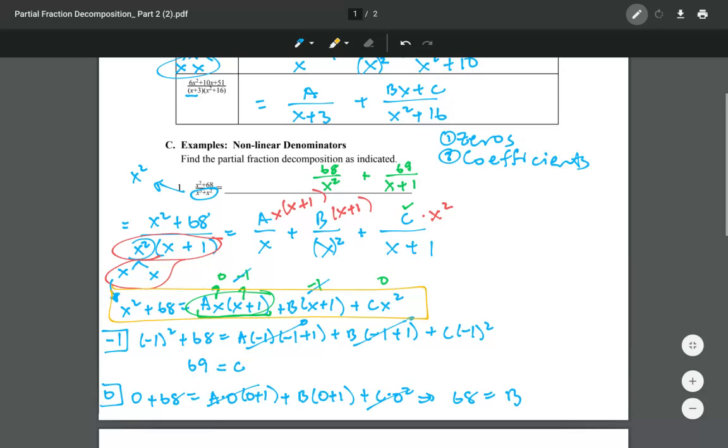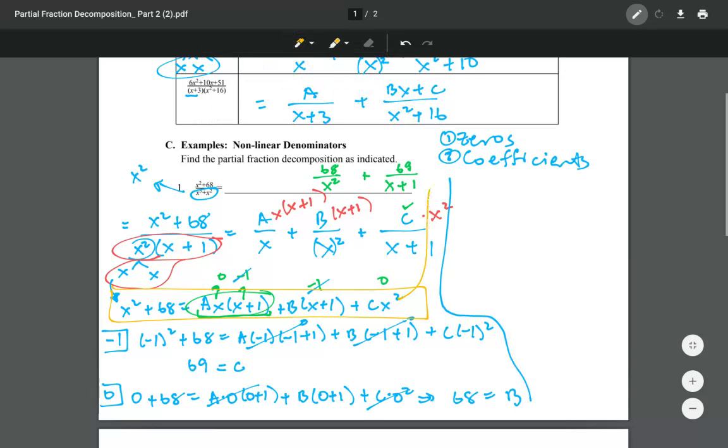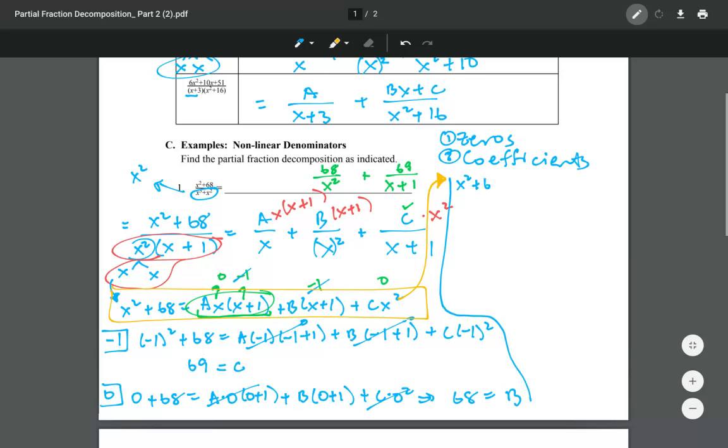To compare coefficients, we need an additional algebraic step. Let me give myself some room here. I'm going to take what I've got in yellow. We can actually put in our A, B, and C, not our A, right? But we can put in our B and C. So let's do that. And then we're also going to multiply this guy out. So as I'm comparing coefficients here, I've got x squared plus 68.